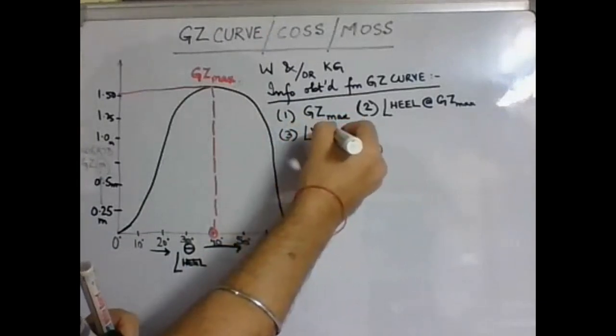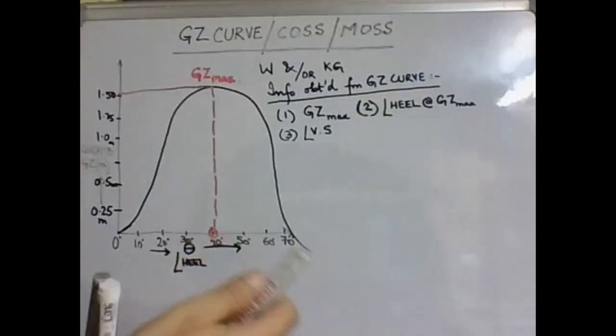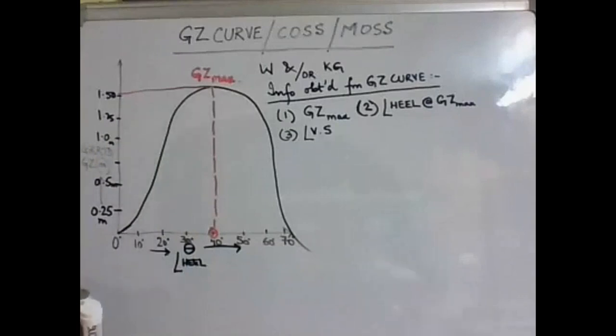Third, angle of vanishing stability. Angle of VS. This angle is called the angle of vanishing stability.